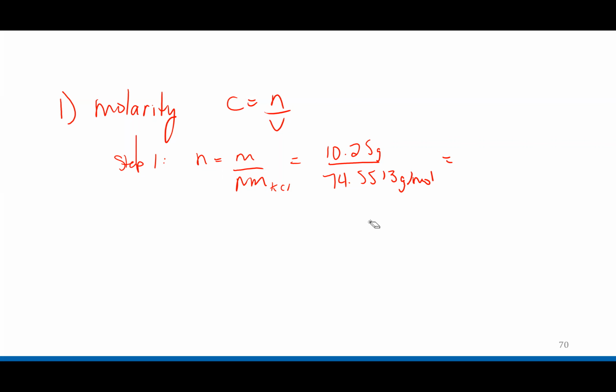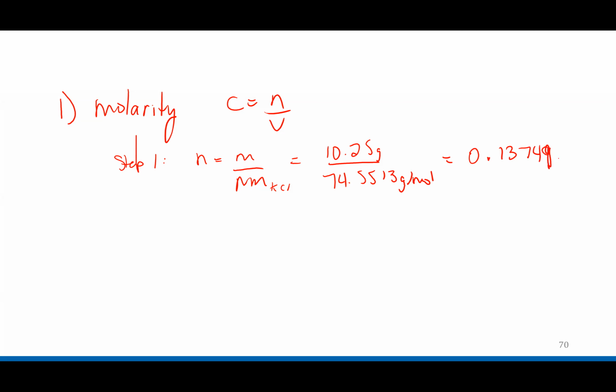And I've done that so many times now, I'm not going to bother showing you every step. So let's see what we get here. 10.25 divided by 74.5513, and we get 0.13749.